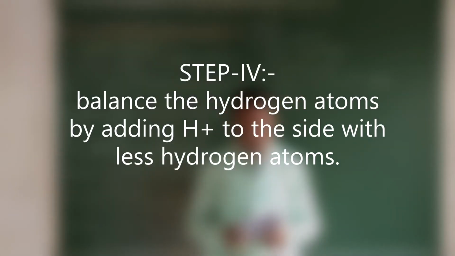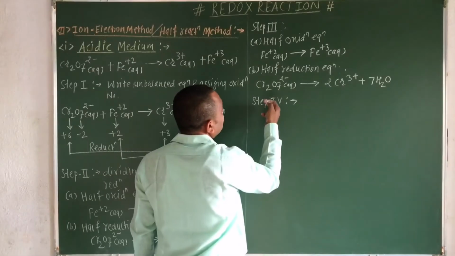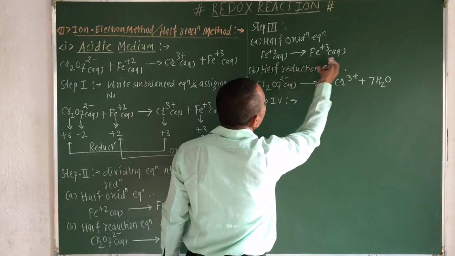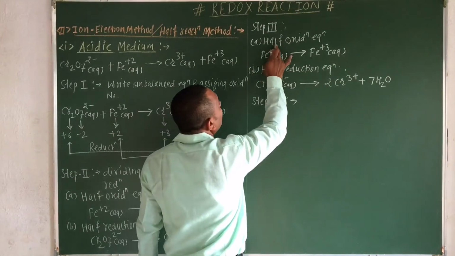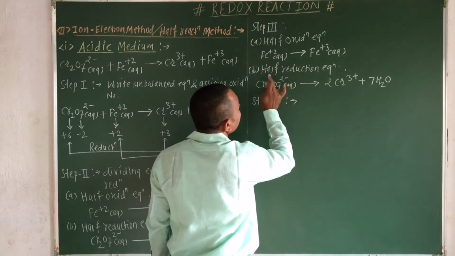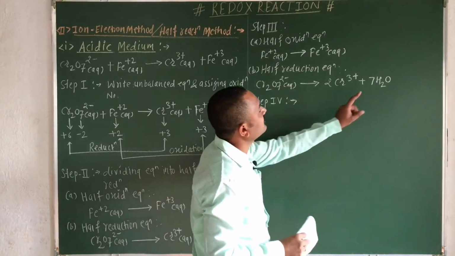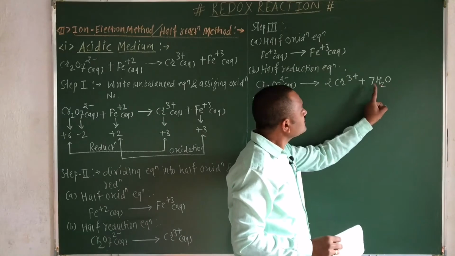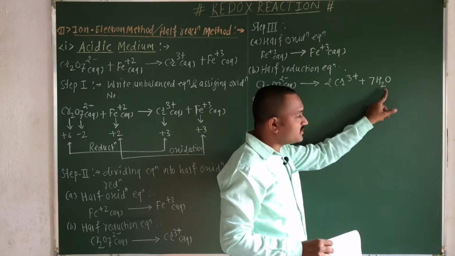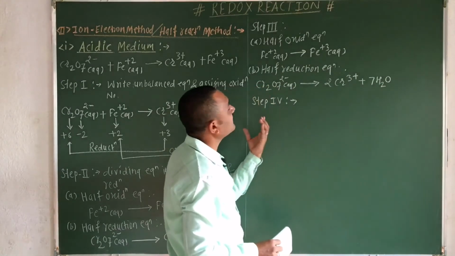Balance the hydrogen atoms by adding H+ ions to the side with fewer hydrogen atoms. It is again very similar. There is no need to add any hydrogen in our half oxidation equation. In the second half equation we have to add 7 times 2, that is 14 H+ ions, to the left hand side.